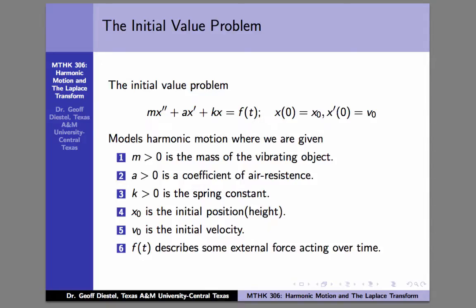And then finally, other than air resistance and the spring constant, there could be some external force acting on the object, forcing it to move. So you could think of one possible thing is that where the spring is attached, that might be moving up and down too, to try to make the mass move up and down.